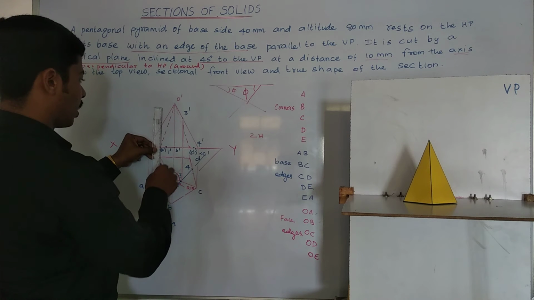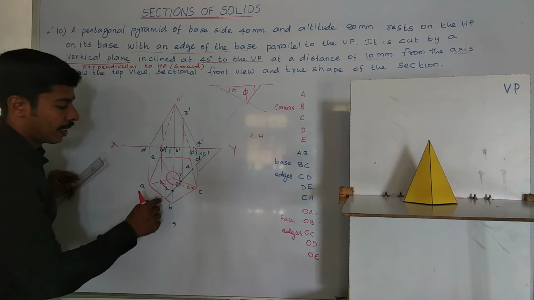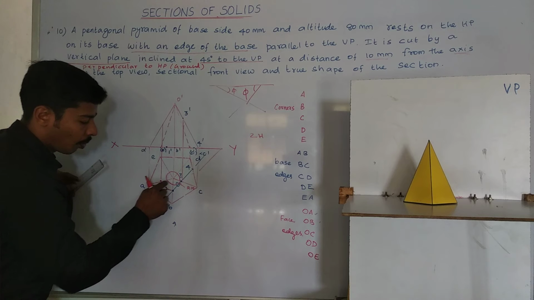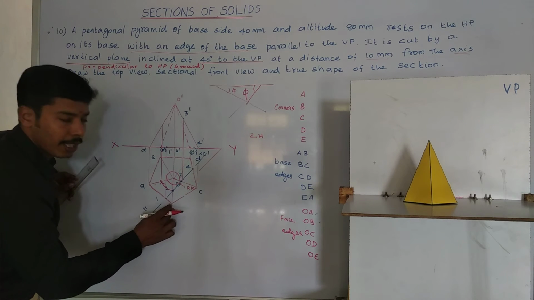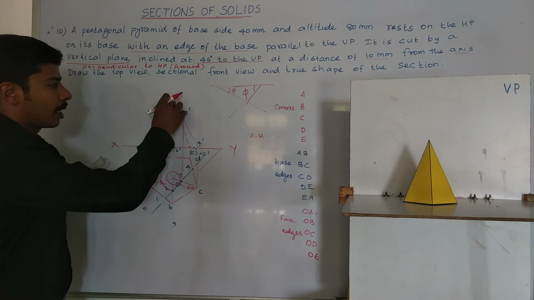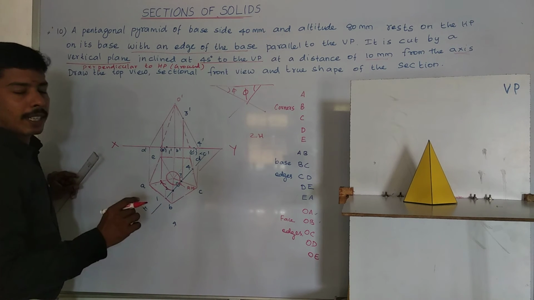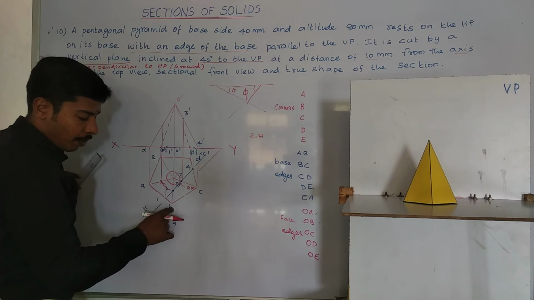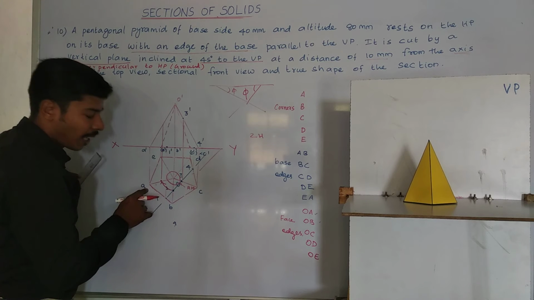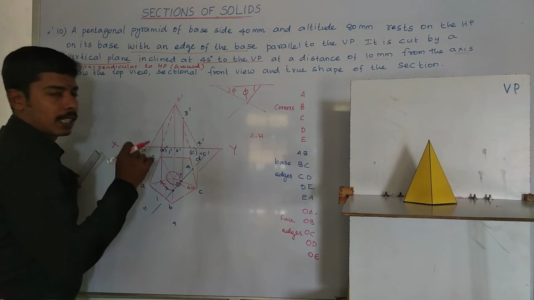Project this upside. So this means I transferred 2 to OA. Actually 2 is the point in OB, so I cannot mark directly on O dash B dash. So for that I transferred this 2 from OB to OA. For that I drew an arc.